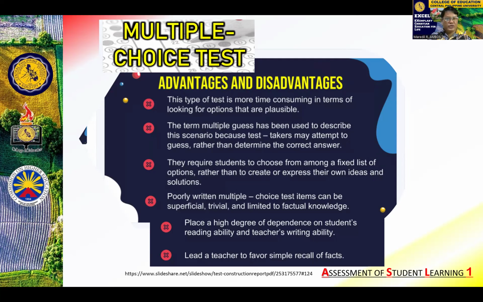They require students to choose from among a fixed list of options rather than to create or express their own ideas and solutions. Poorly written multiple choice test items can be superficial, trivial, and limited to factual knowledge, and place a high degree of dependence on students' reading ability and teachers' writing ability. And lastly, it can lead a teacher to favor simple recall of facts.